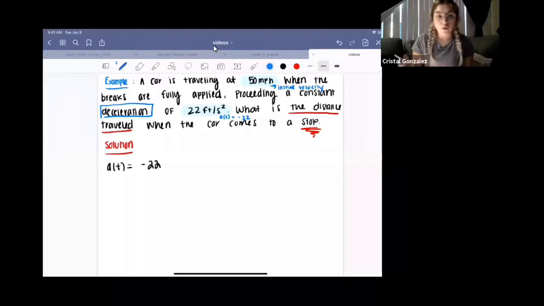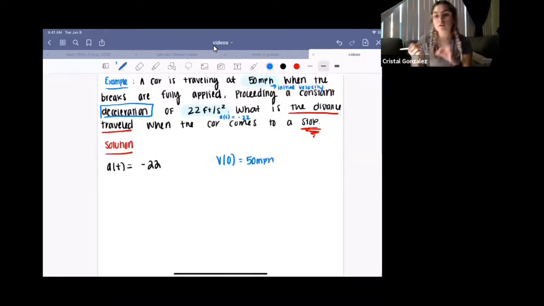So let's write this down formally. The initial velocity: v of 0, since it's the initial velocity at the time when time is 0, the velocity was 50 miles per hour.